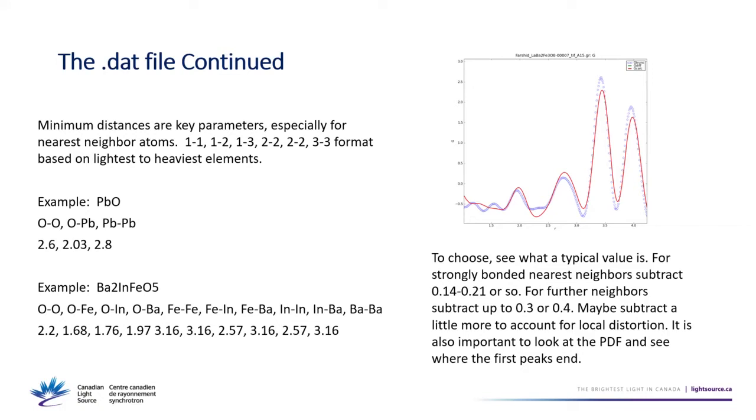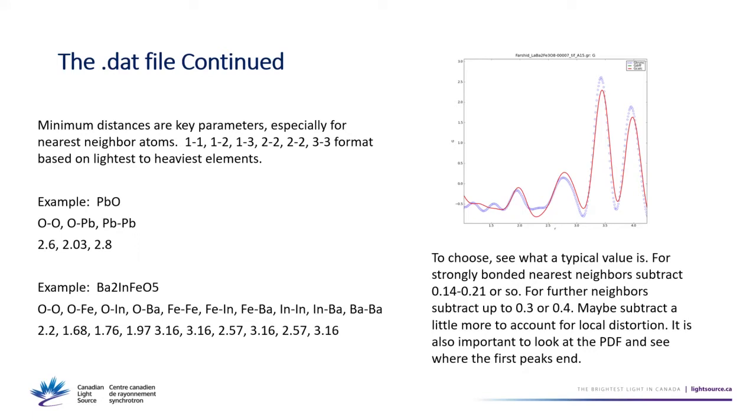I found this range is good, and that's just what a typical thermal motion at room temperature is. If you think it may be very asymmetric, you could give it a little more room. For neighbors that are further apart, where they're not bumping into each other, you can give it a little larger value than the average one.